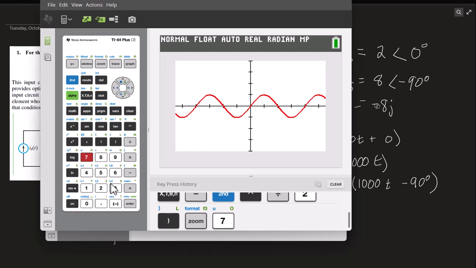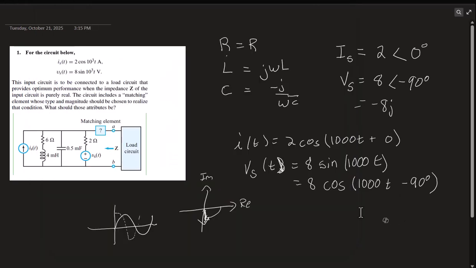So subtracting 90 degrees from cosine gives us the same as the sine. Okay, so we have those.